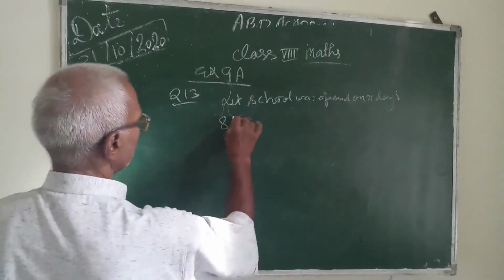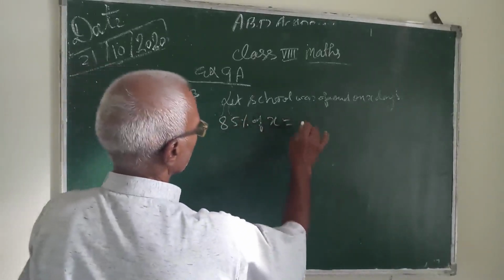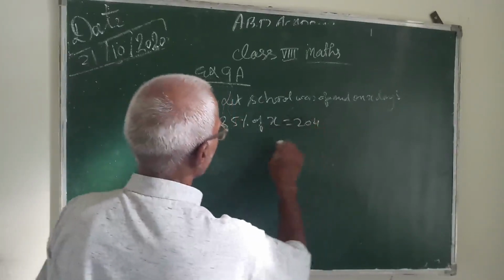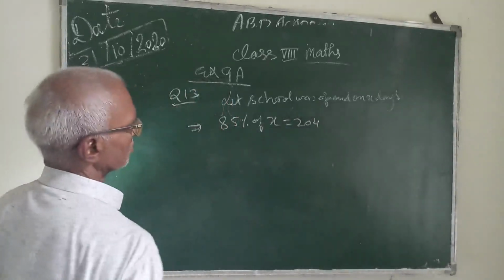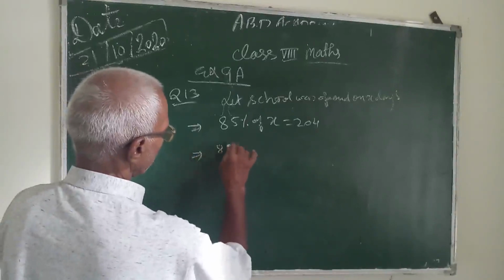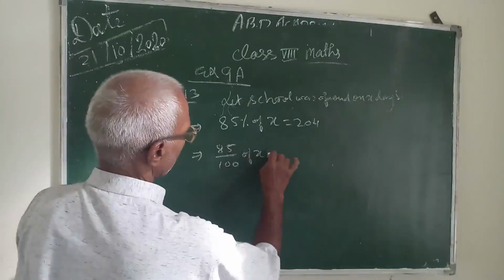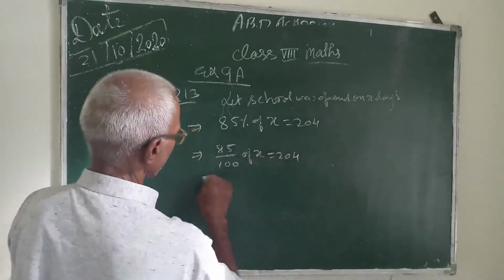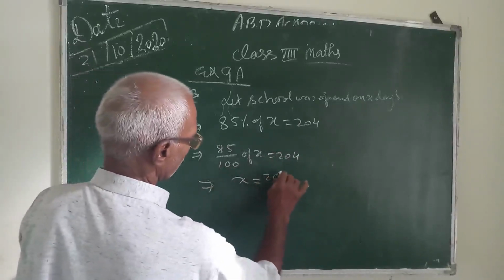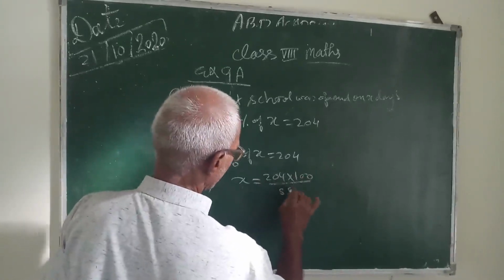So it says 85% of total school days is equal to her attendance of 204 days. Therefore 85% of X is 204, and X can be calculated, and the number of days for which the school was run will come very easily. So it is also a practical problem. X will be equal to 204, 100 will go up, and 85 will come down.